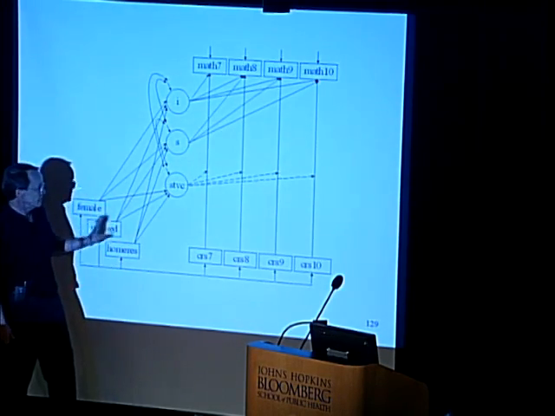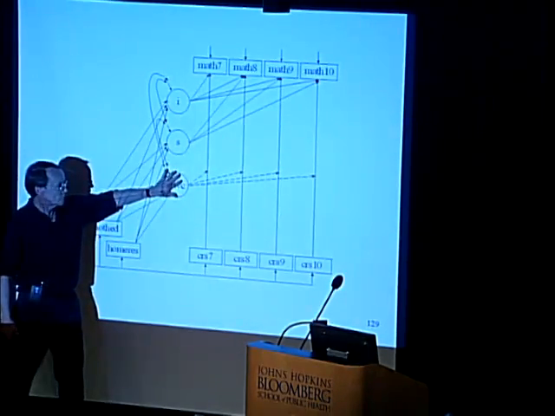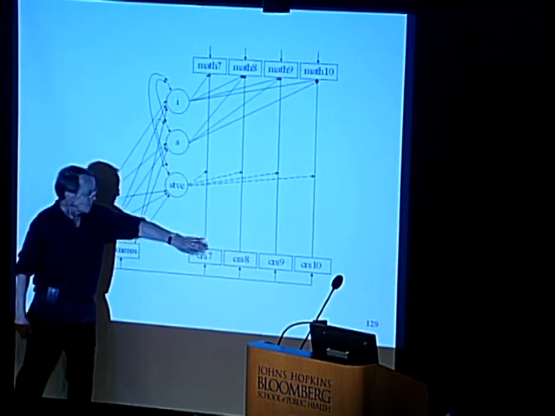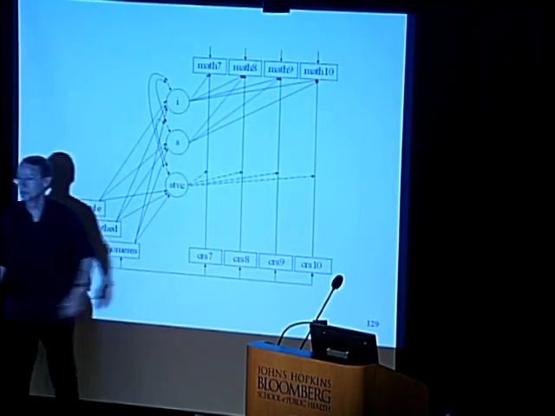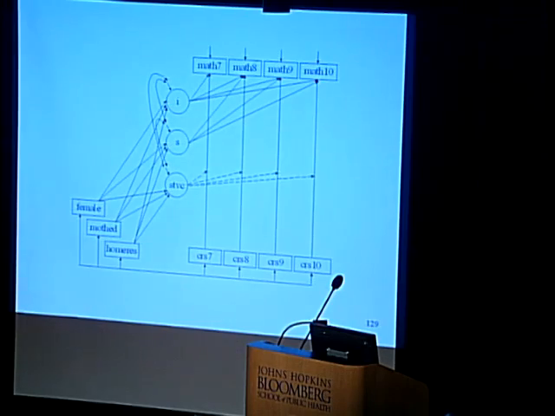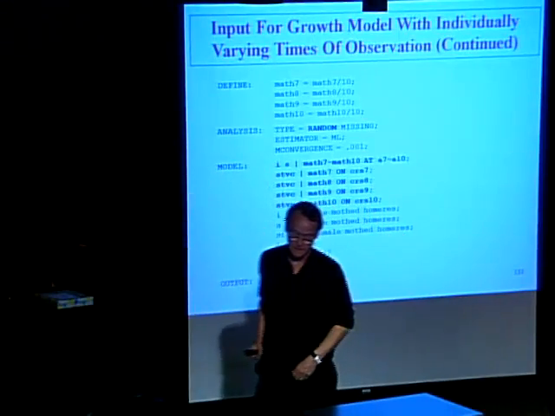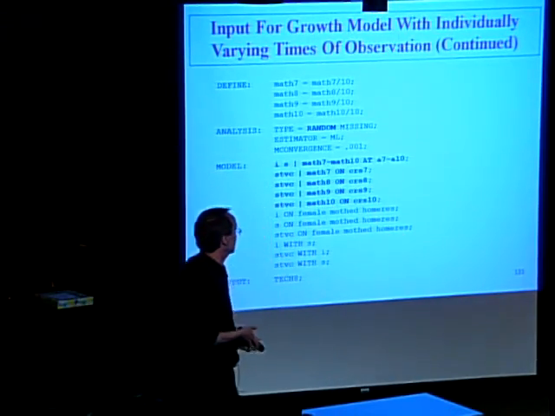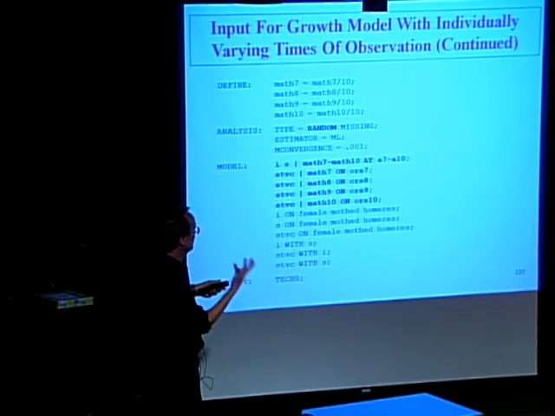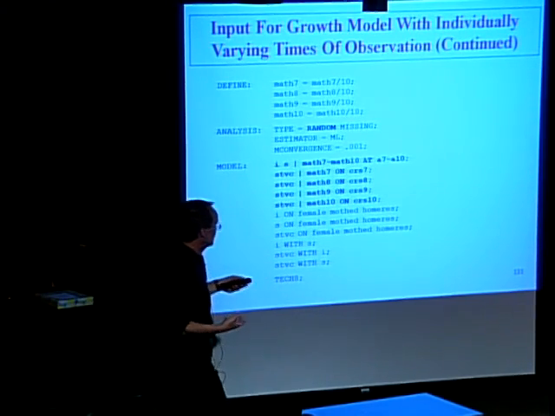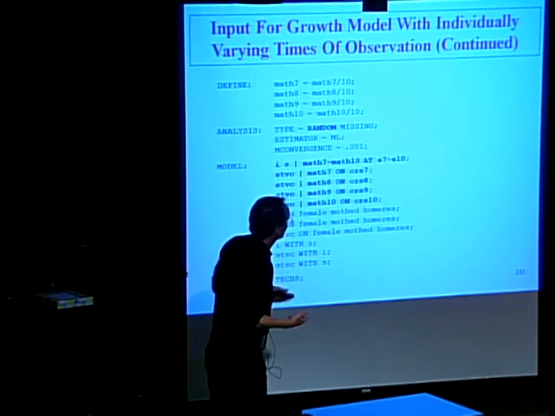So home background influences the size of this coefficient for a person, which influences how much course taking influences math achievement. It's an interesting indirect effect. Home background indirectly affects math through STVC.